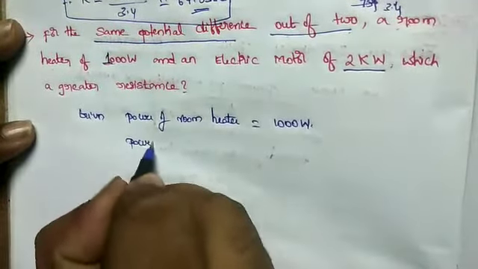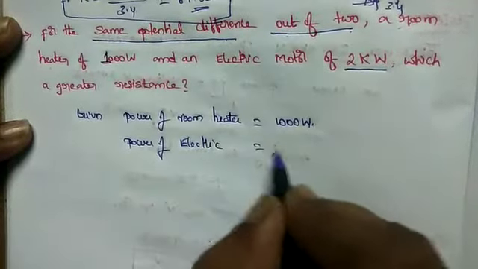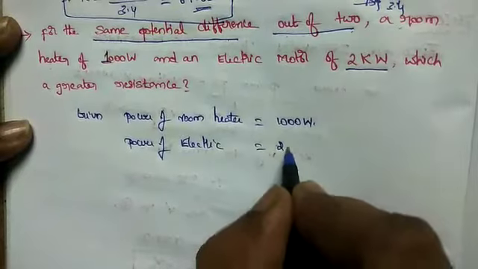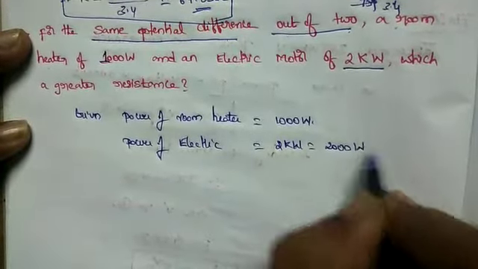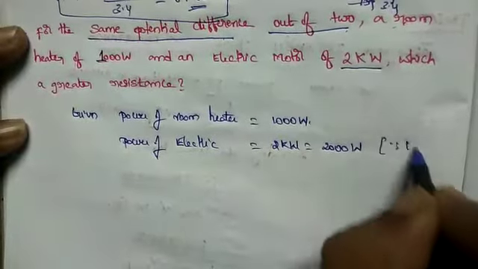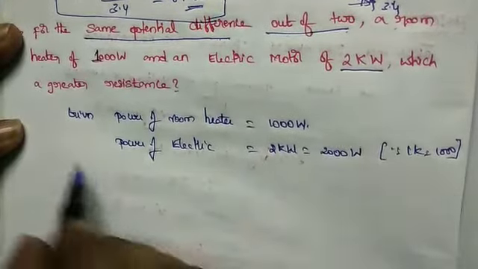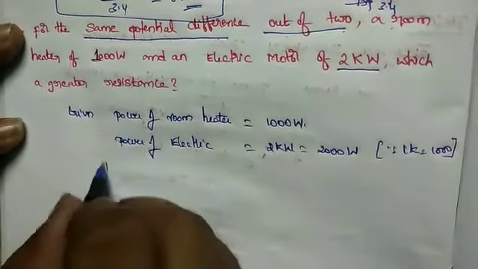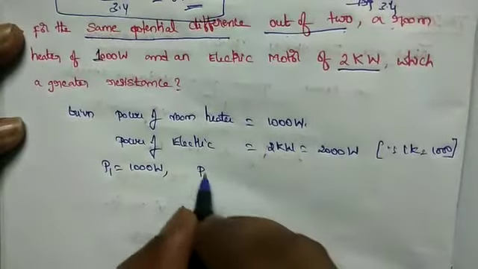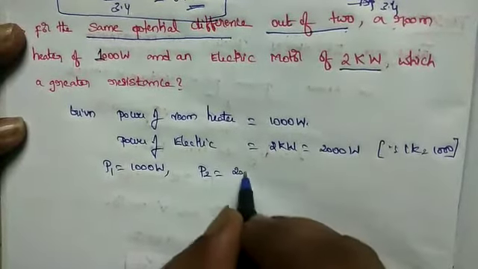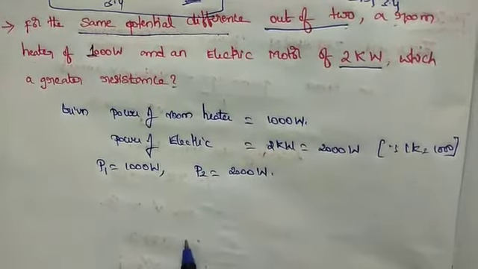Power of electric motor is 2 kilowatts, which means 2000 watts, since 1 kilo is 1000. So P1 is equal to 1000 watts and P2 is equal to 2000 watts. Now which has the greater resistance?